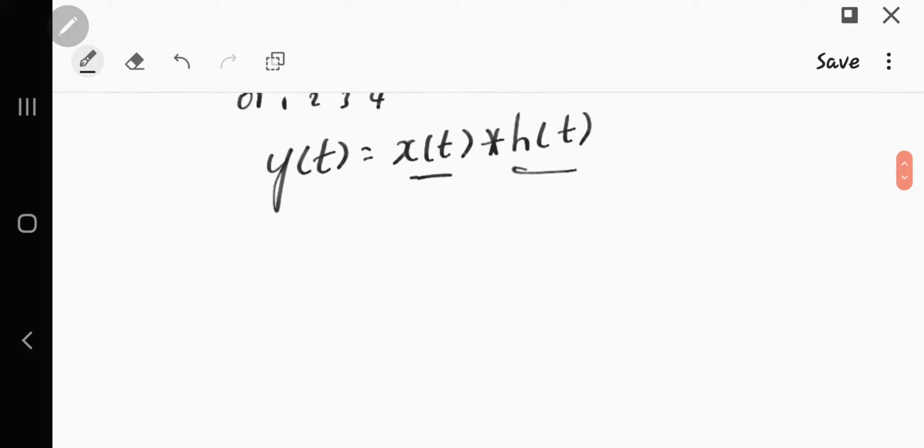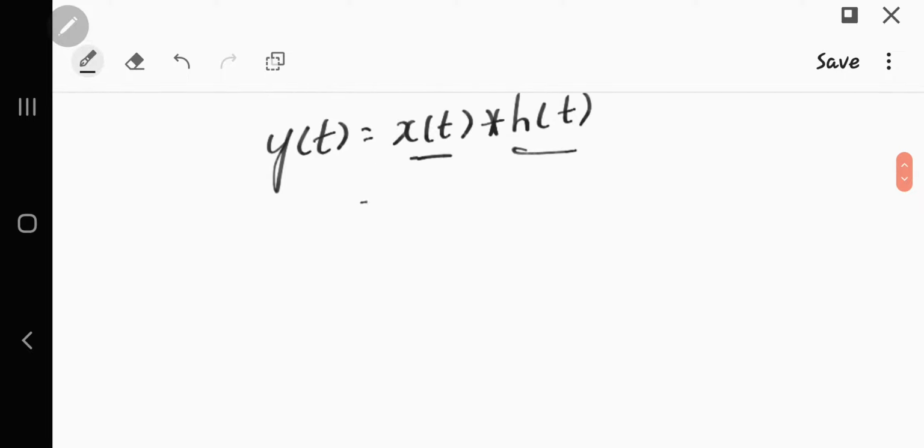Now I will express the expression: integral from tau equals minus infinity to plus infinity of x of tau h of t minus tau d tau. You can call this equation 1. This is the expression we use to perform convolution.